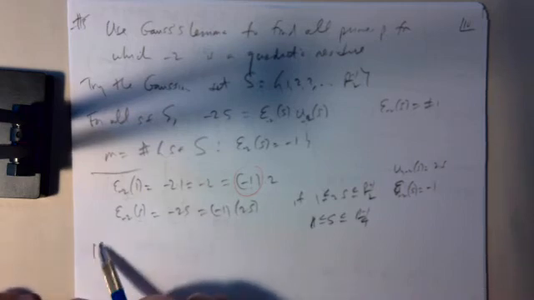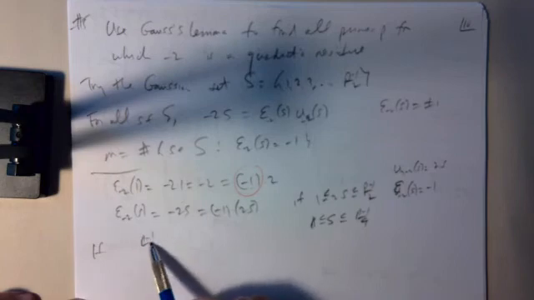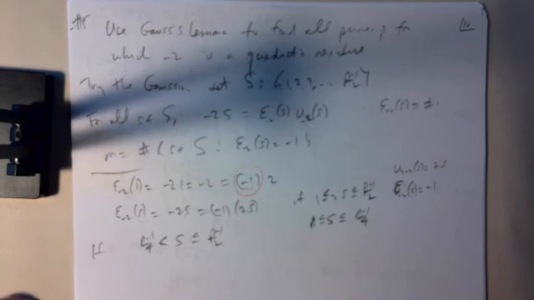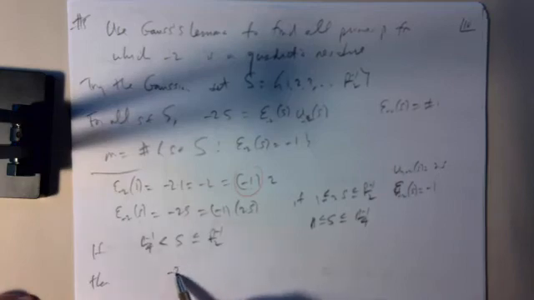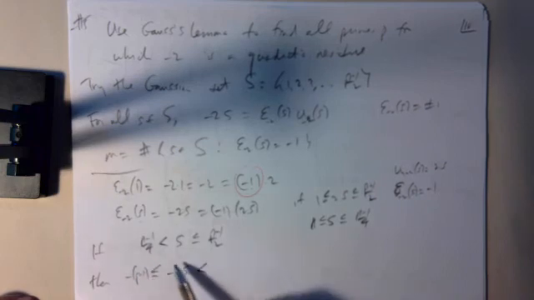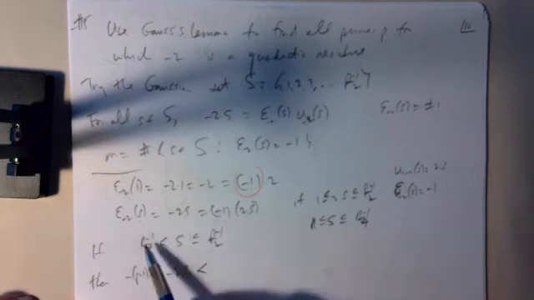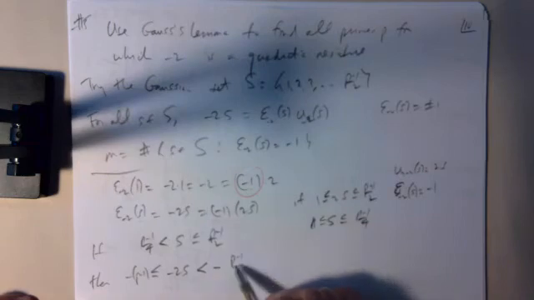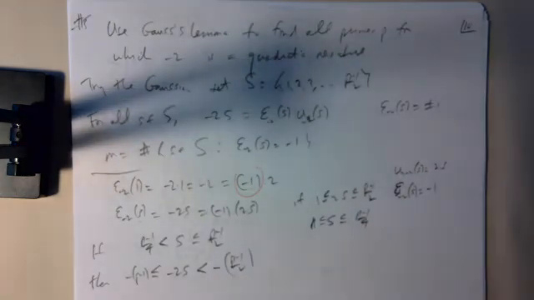Suppose (P−1)/4 < S ≤ (P−1)/2. Then −2S, if I multiply by −2, is greater than or equal to −(P−1) and less than −(P−1)/2.